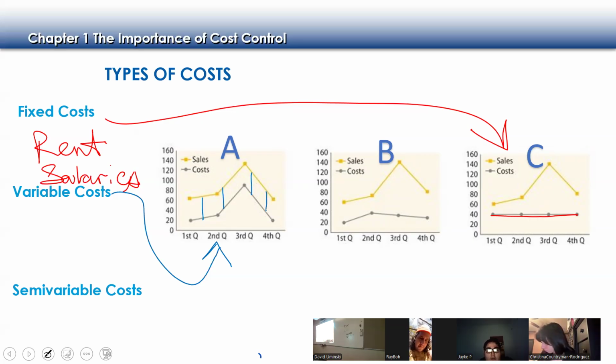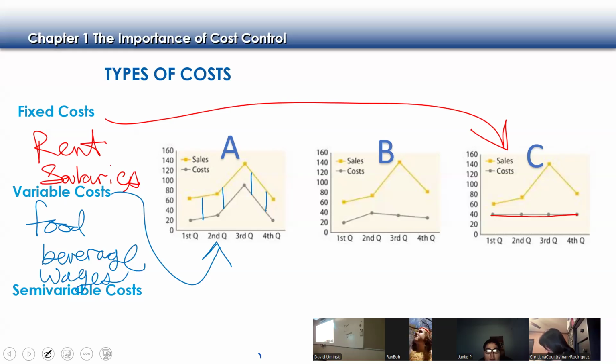Okay, so variable means as our sales go up, so do our expenses. So that's going to be like food, beverage, and wages. Wages are like our hourly employees, right?